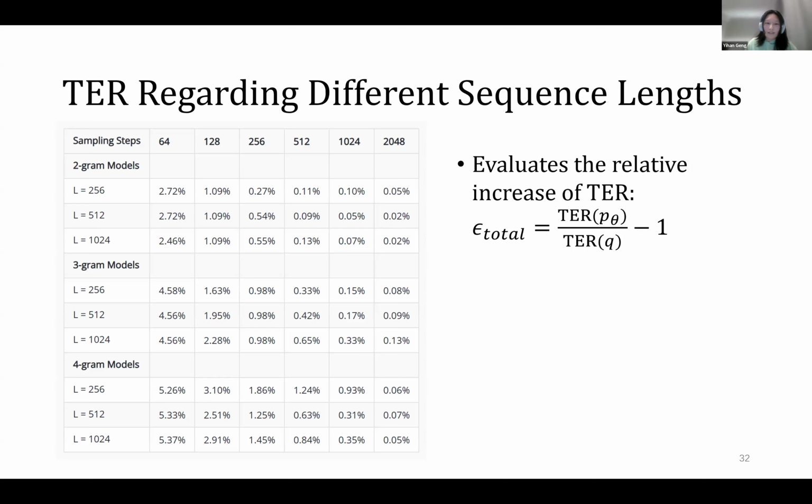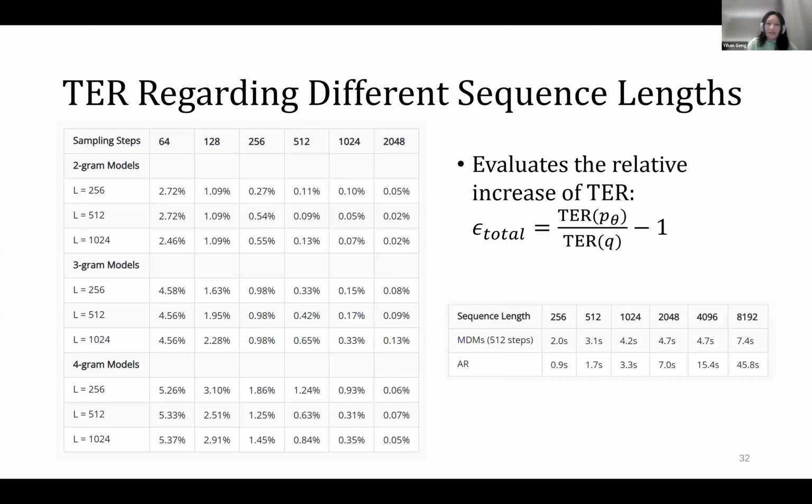Since we observed that in our settings, when the MDMs are running with 512 sampling steps, their performance gap with autoregressive models becomes negligible, building on this fact, we measured the inference time per sequence of both MDMs with 512 steps and autoregressive models across a range of sequence lengths.